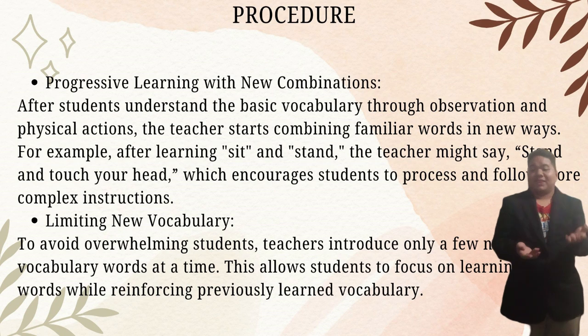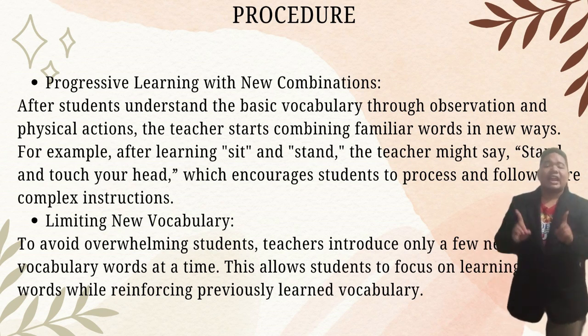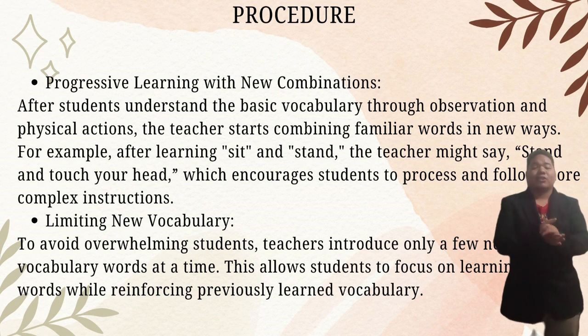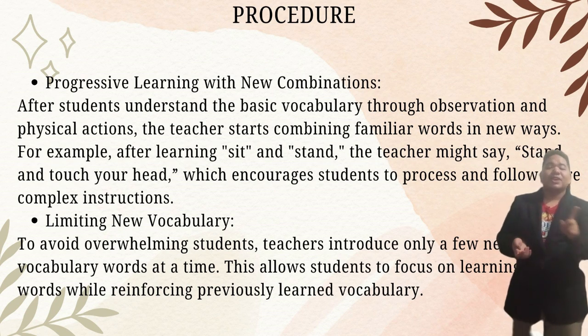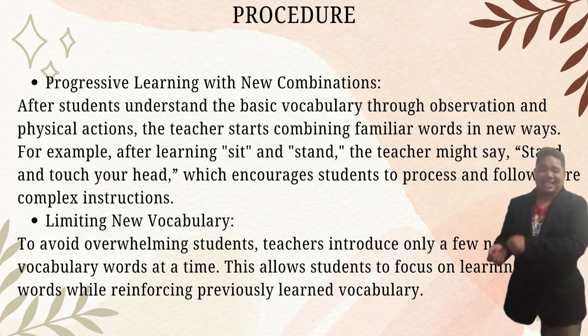By progressively increasing the complexity of the commands, students develop their language skills more effectively. They learn to think critically about the instruction, improving their comprehension and boosting their confidence as they successfully follow more challenging tasks.